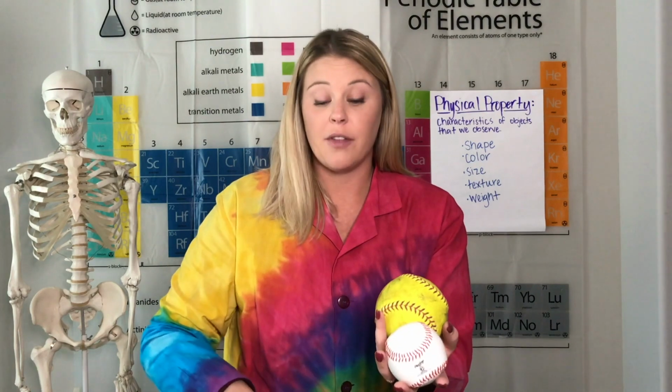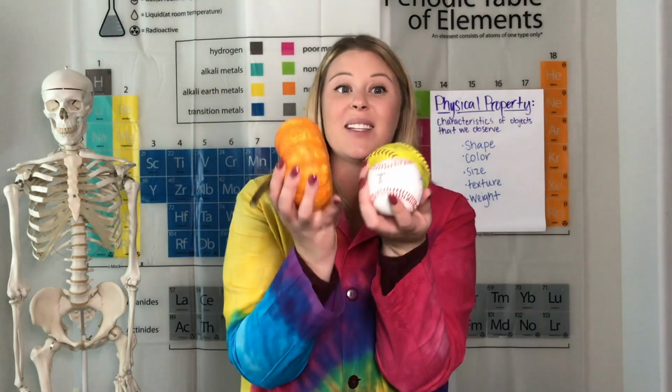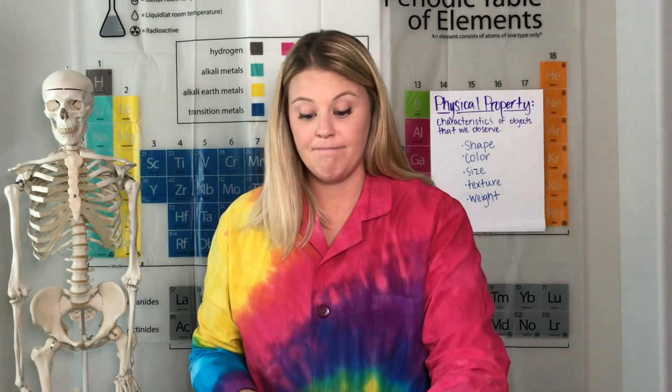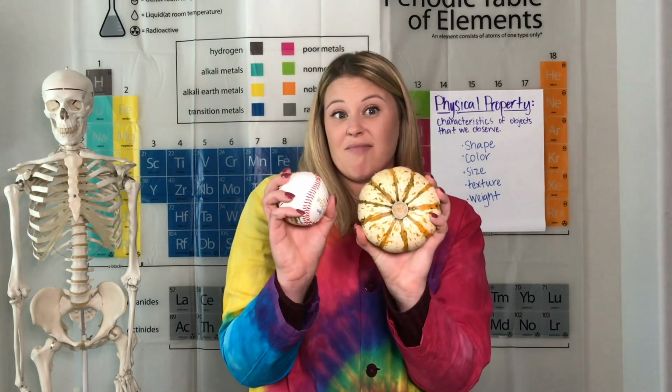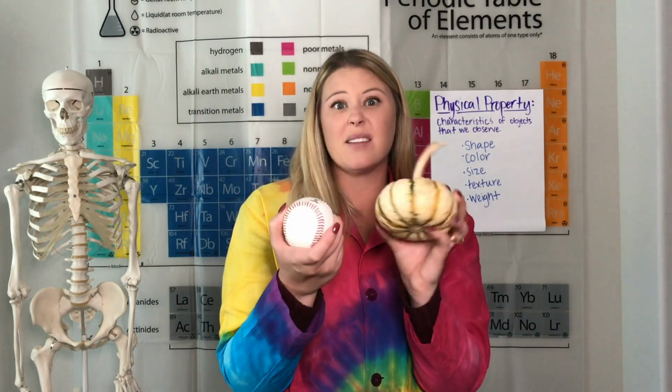I could go a step further and say these three objects have a similar physical property because they're round. But then I could also say these two objects have a similar physical property that they both have white on them.